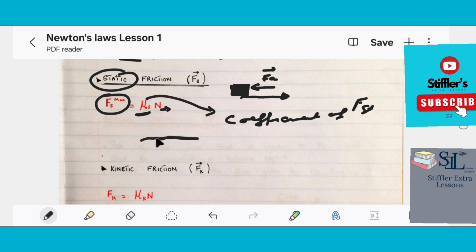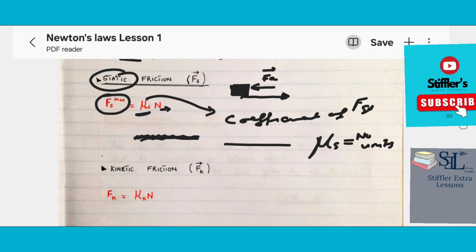There are some surfaces that have a very big coefficient, and there are some surfaces that are a bit smoother than this one, so the coefficient will be less than that. However, the coefficient, be it the coefficient of static or kinetic friction, has no units. This is the coefficient of static friction.